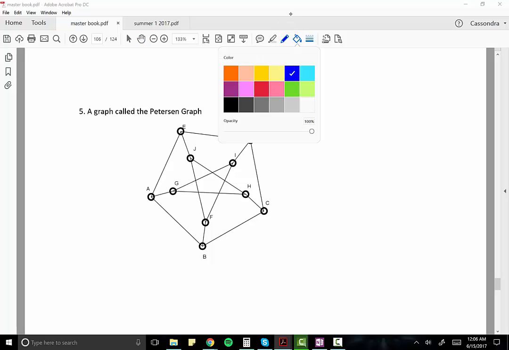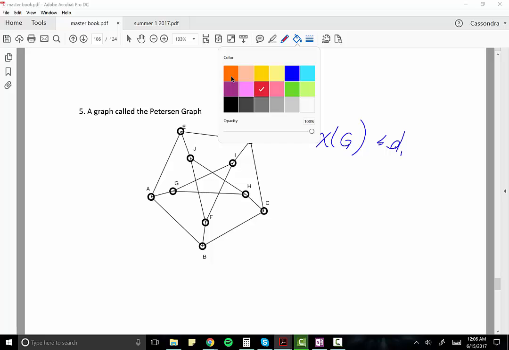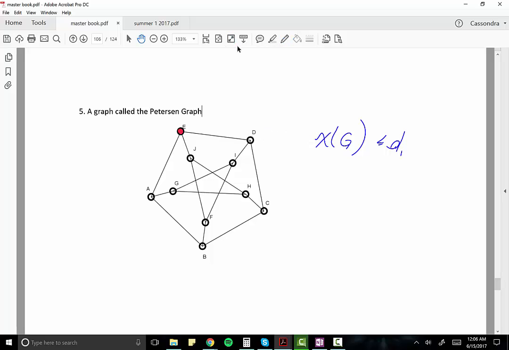So Brooks' theorem says that the coloring number can be no greater than the highest degree. Okay, so here the highest degree is 3. So the coloring number here can be no higher than 3. So if E is red, nothing connecting to it is red.